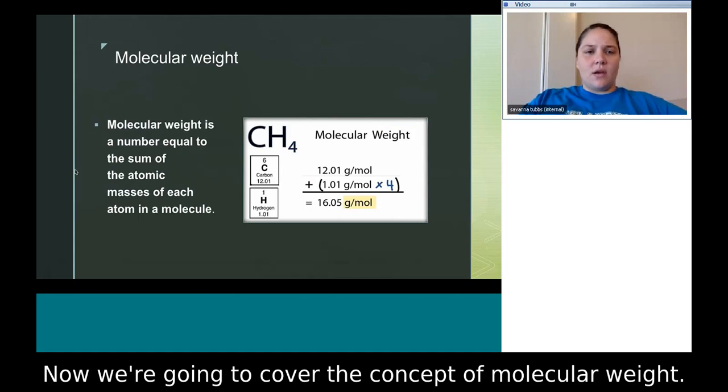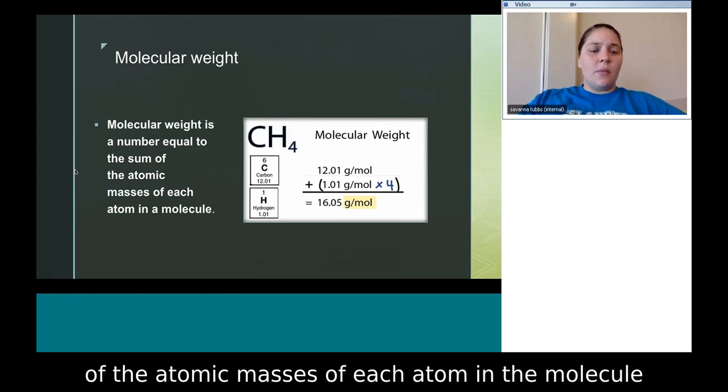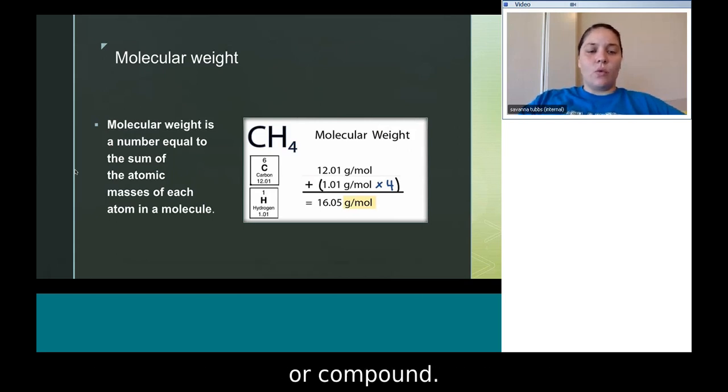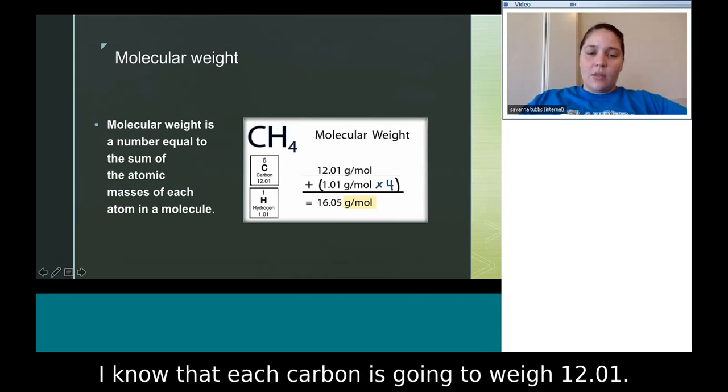Now we're going to cover the concept of molecular weight. Molecular weight is a number equal to the sum of the atomic masses of each atom in the molecule or compound. So, if I want to know the molecular weight of CH4, I know that each carbon is going to weigh 12.01.